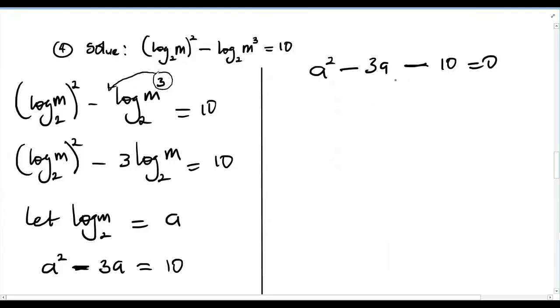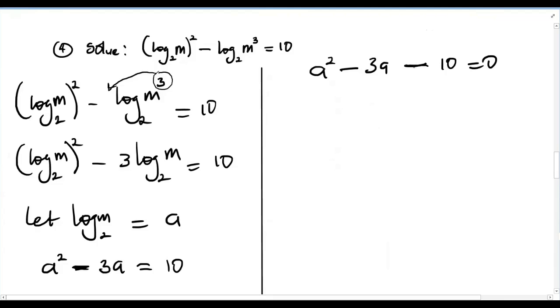All right. Now I like this quadratic equation. This is now a quadratic equation. I like this quadratic equation because there's no coefficient of x squared, so it makes it easier. So the question is, what are the two numbers you multiply to get the constant? The numbers are 2 and 5, right? 2 times 5 is equal to 10.